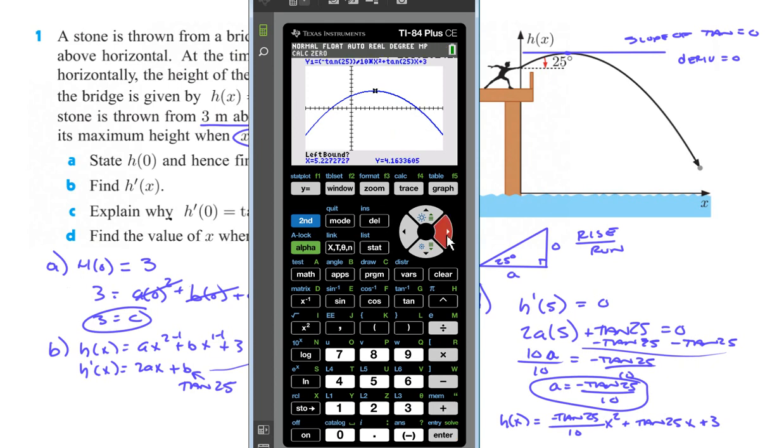And so it's simply going to ask us for a left bound. As long as this is to the left of where it crosses through, we're fine. We push enter. Then we're going to scroll this over until it gets down below the x-axis. My calculator is going really slow, so I'm going to pause this while I get it over there.